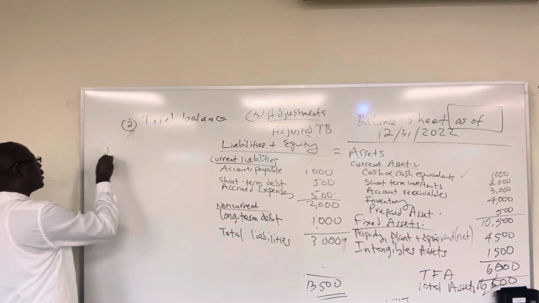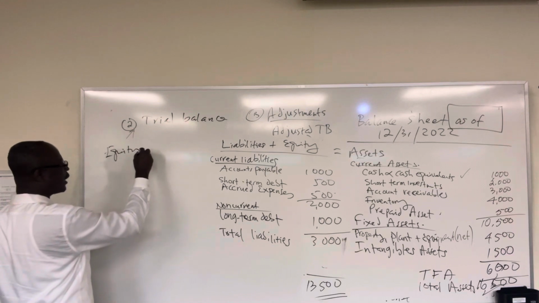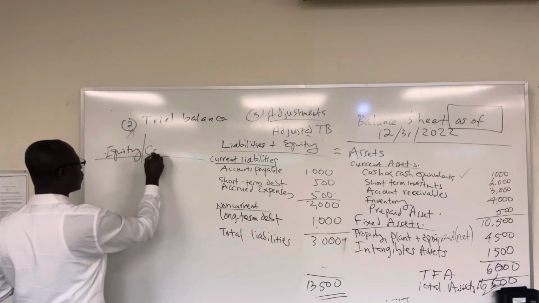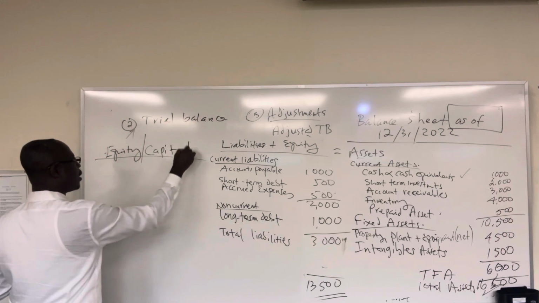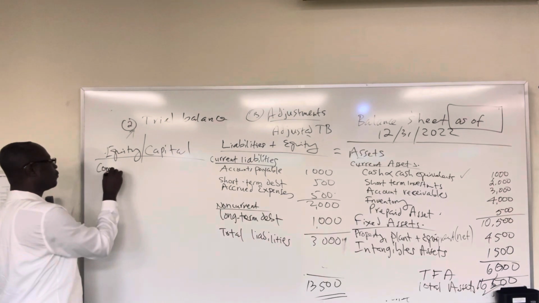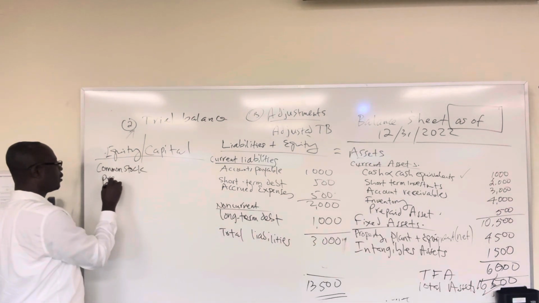So the equity, also called shareholders' equity, also called capital, is typically made up of things like common stock. It could be preferred stock.